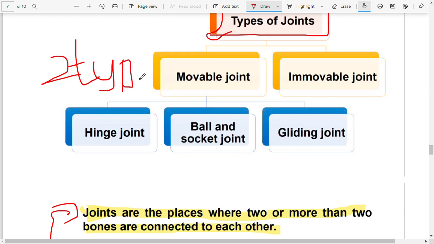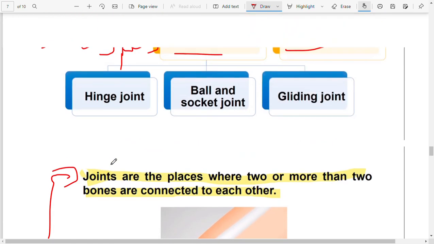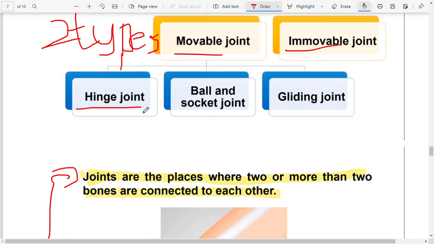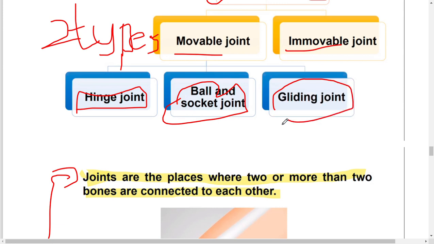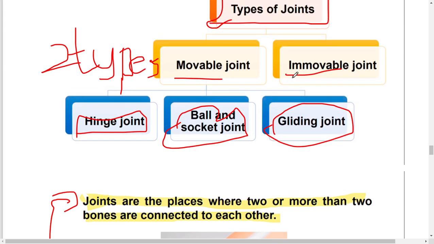First is the movable joints, and the second is the immovable joints. In movable joints, we have three more types. The first is the hinge joint, the second is the ball and socket joint, and the third is the gliding joint. Immovable joints don't have any types.